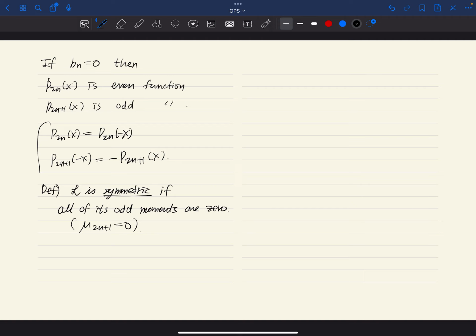And the theorem is, okay. So we assume that L is a linear functional with monic OPS Pn(x). Then the following are equivalent.